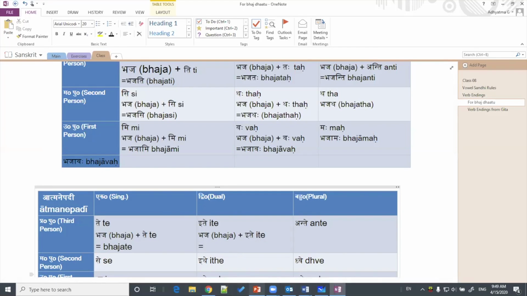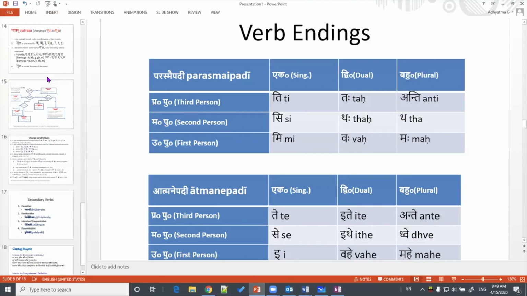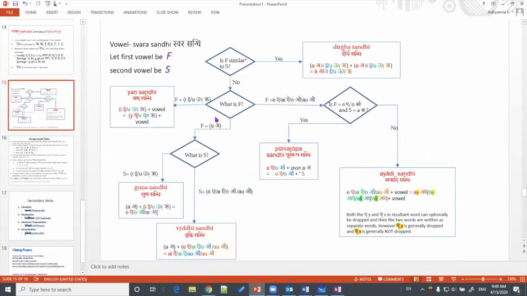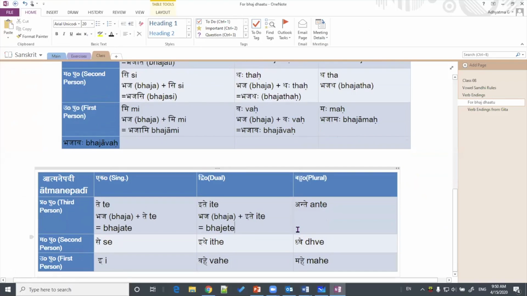And because Amit Baba put together this beautiful chart, we'll just look at it to see how useful this one is. So you see that they are not similar vowels, and the first vowel is akara, and the second is between ikara, ukara, rukara. So it's a guna sandhi. A plus i becomes e, and here akara plus ikara becomes ekara. So it becomes bhajete. I'll write Devanagari later on.